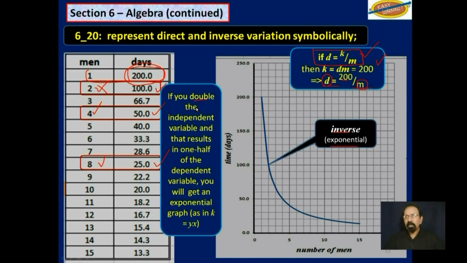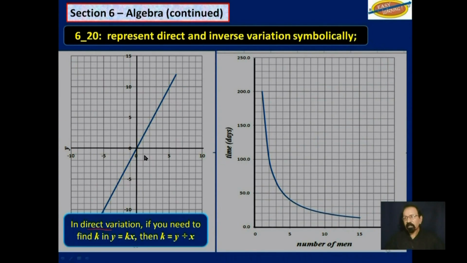If you double the independent variable, that would be the number of men, and that results in 1/2 the dependent variable, that would be the number of days, you will get an exponential graph as you see over here. And as I said, this formula does work for that. So this one on the left here is direct variation. If you need to find k in y is equal to kx, then k is equal to y divided by x. Fine. Direct, always a straight line.